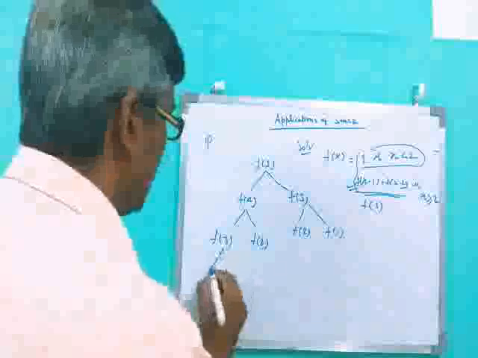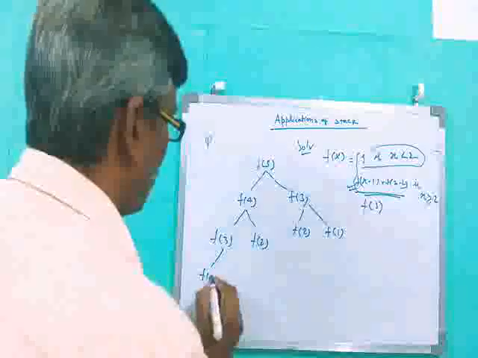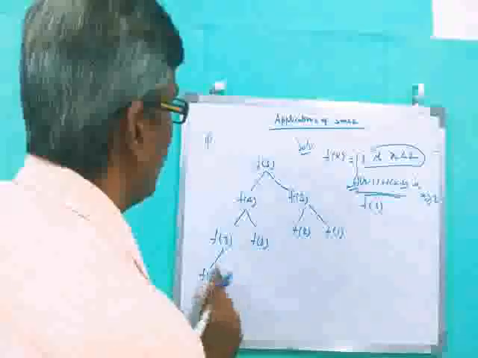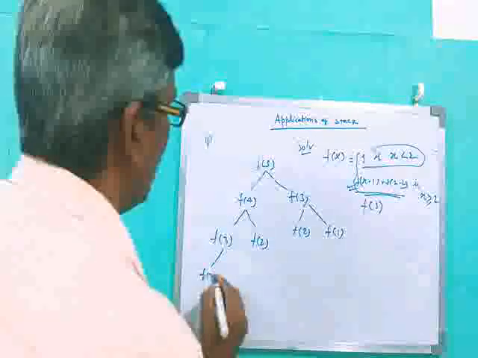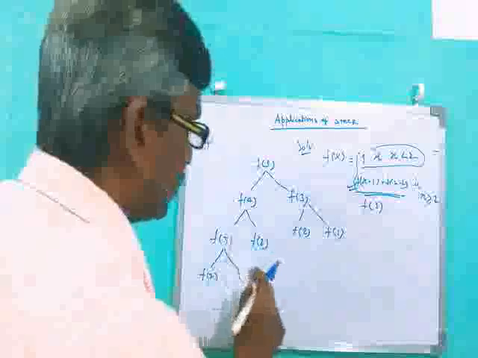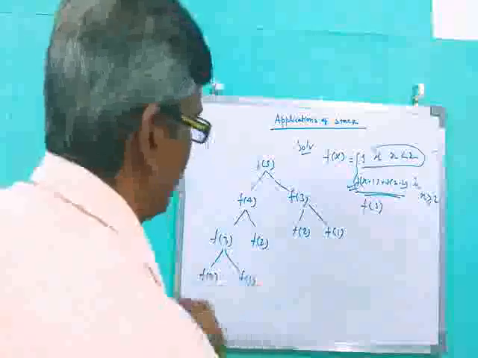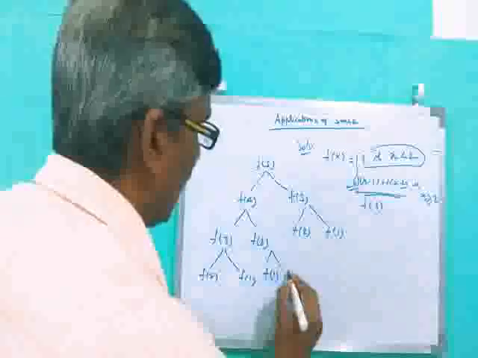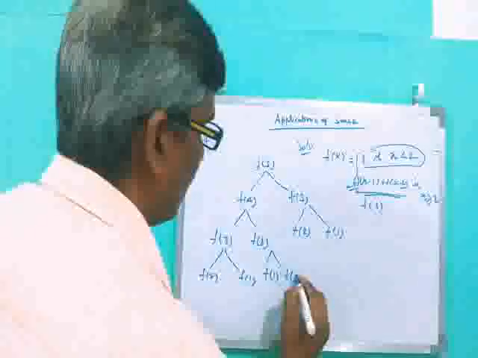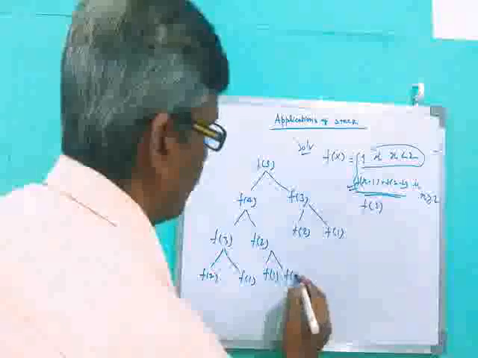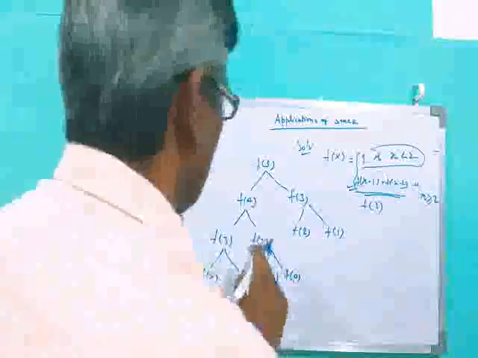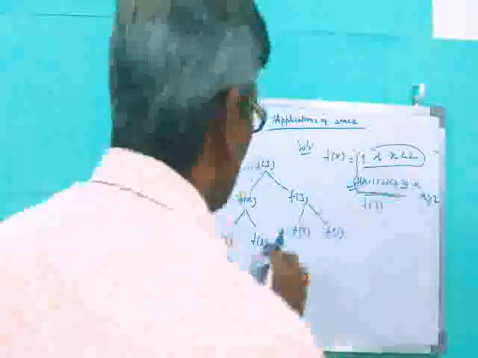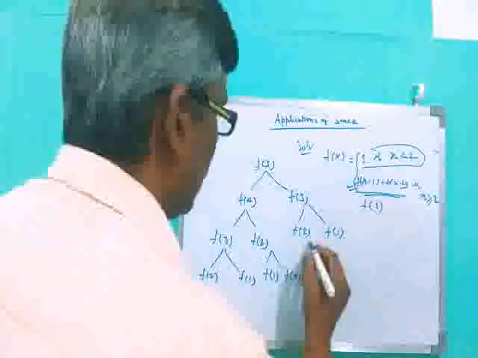Further it will expand using this function, because 3 is greater than 2. So f3 expands to f2 and f1. F2 will also expand to f1 and f0, because x is equal to 2.